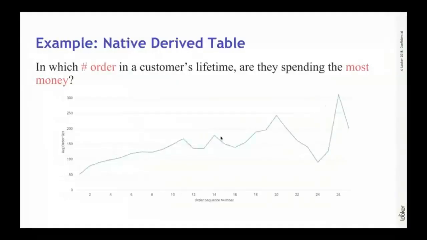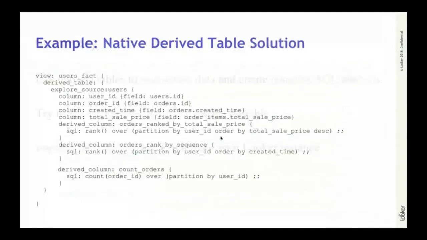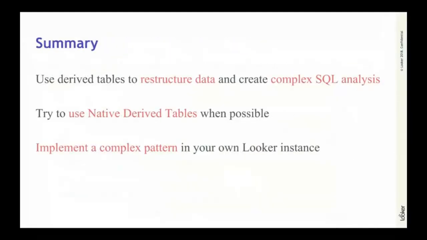And then let me toggle back to the slides here. The answers are on that page. In summary, you're using derived tables to restructure your data and to create more complex levels of analysis using SQL. As a takeaway for you guys, go back to your own instance and try to implement a native derived table and take a look at those new parameter names that we introduced to you today.